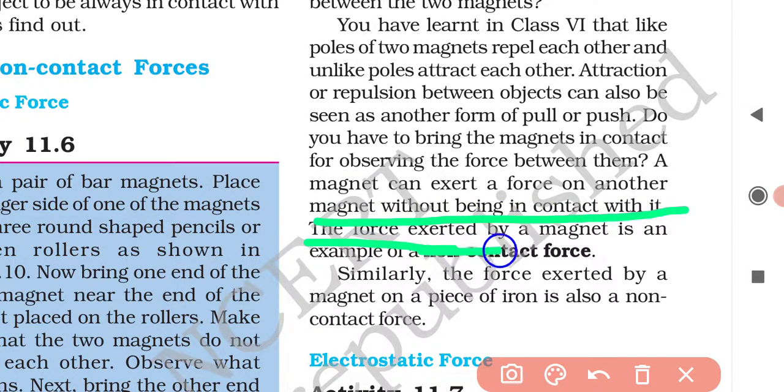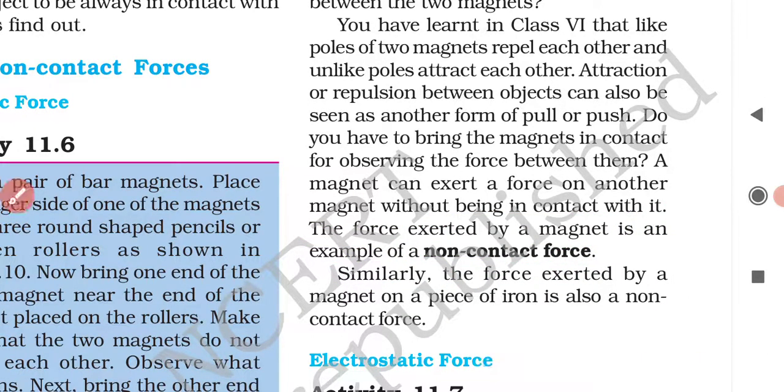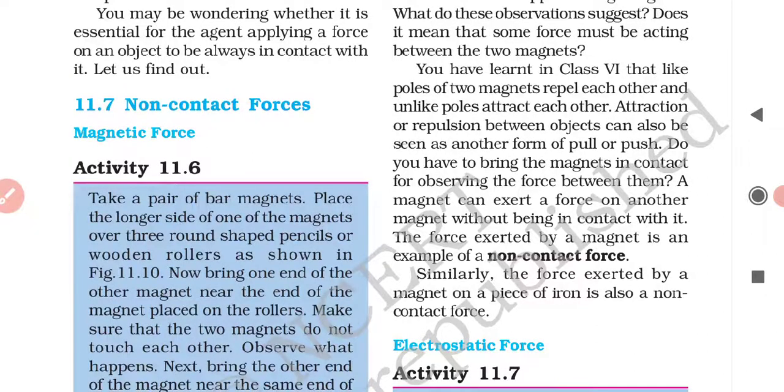Therefore, the force exerted by a magnet is an example of non-contact force. Similarly, the force exerted by a magnet on a piece of iron is also a non-contact force. Understood? The magnetic force exerted by one magnet on another magnet is an example of what? Non-contact force. Understood?